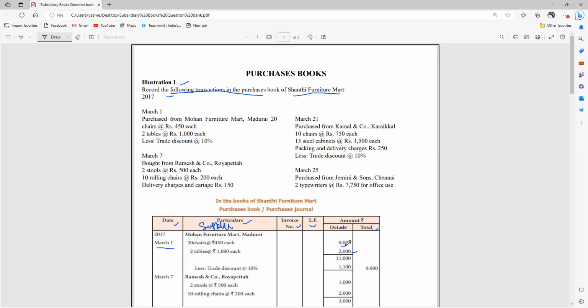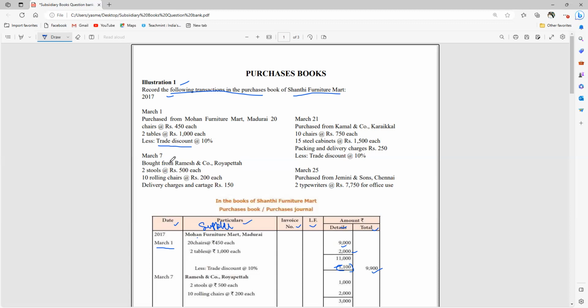The total of both is 9,000 plus 2,000, which is 11,000. From that we need to deduct the trade discount. Less trade discount at 10%: 10% of 11,000 is 1,100. This should be deducted from the 11,000, and we get 9,900 as the answer.